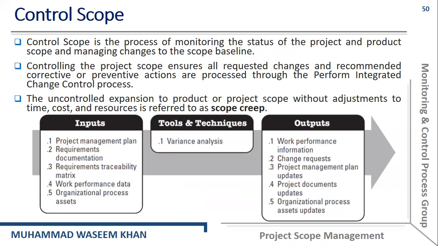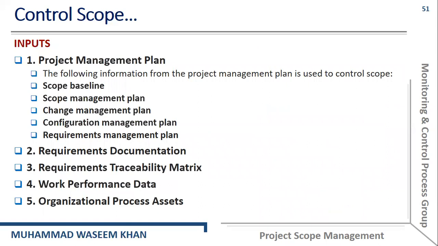So there are again inputs, tools and techniques, and outputs in this particular process, and many of them have been discussed already. So we will discuss only those that we didn't discuss yet. Let's talk about the inputs. You know what a project management plan is.